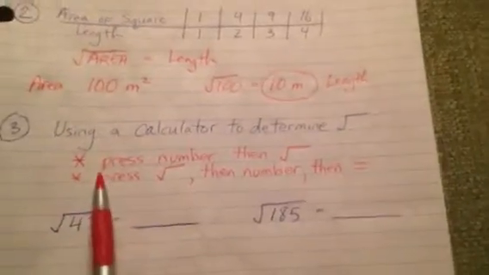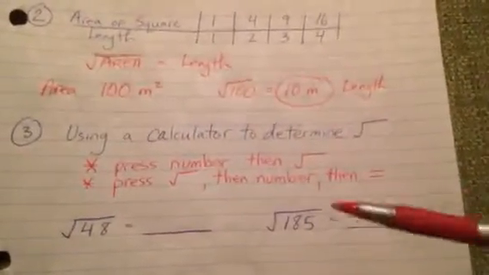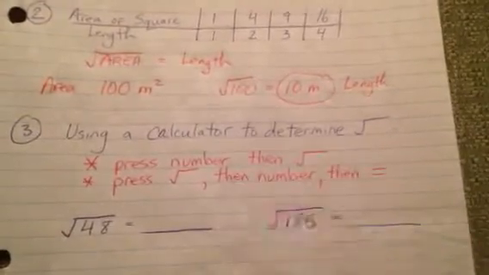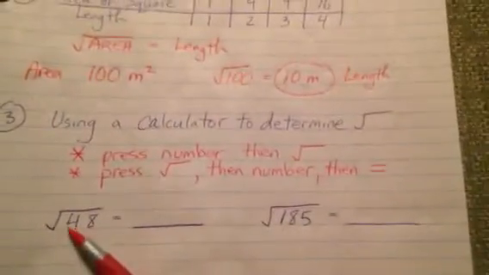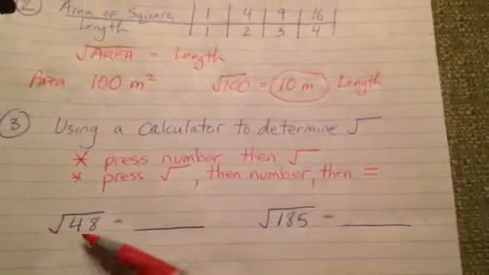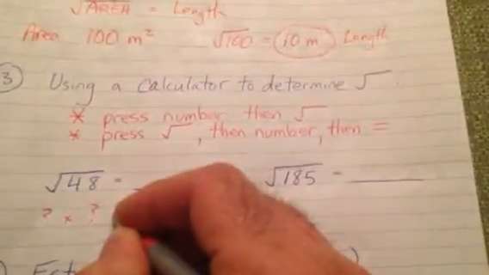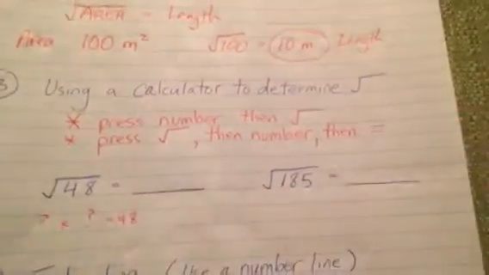Okay? Using a calculator, it's very simple. You can do it mentally, or you can just do it with a calculator. So if I asked you, what is the square root of 48? In other words, I'm looking for what times what is 48, right? Some number times the same number equals 48.